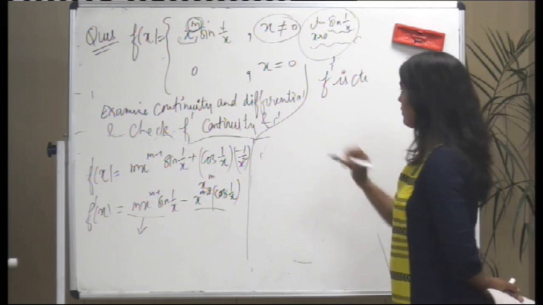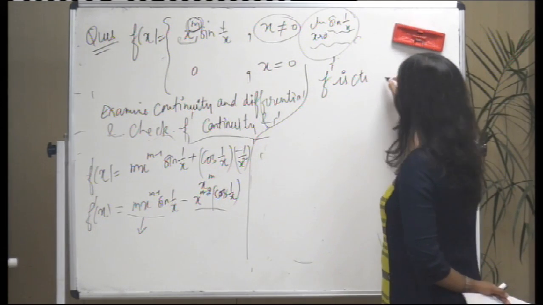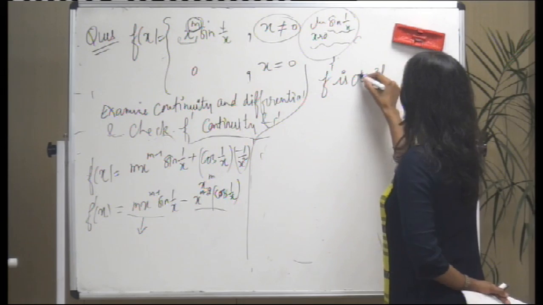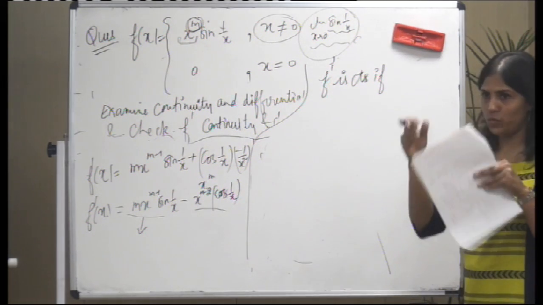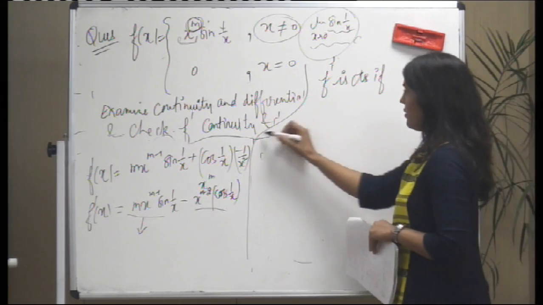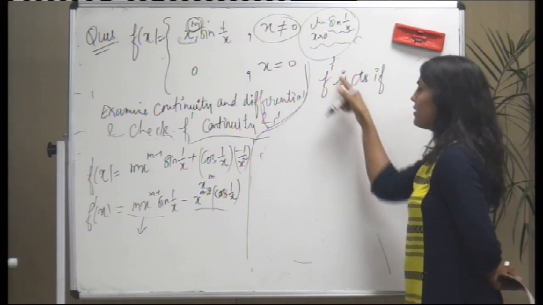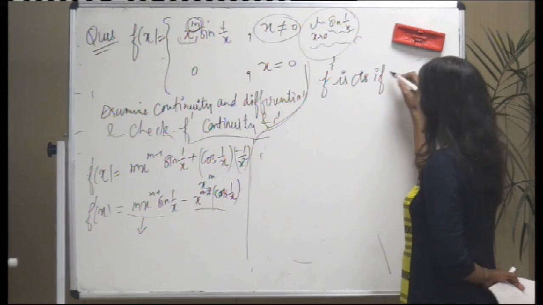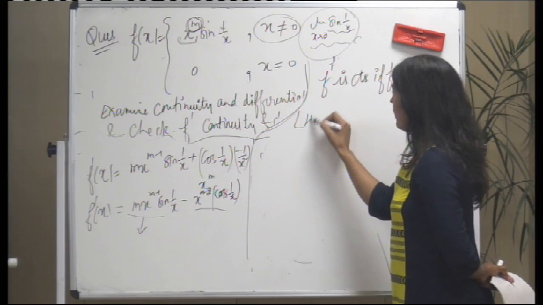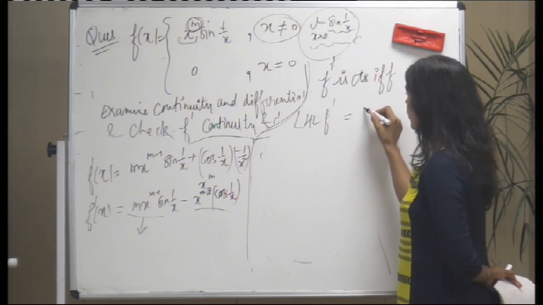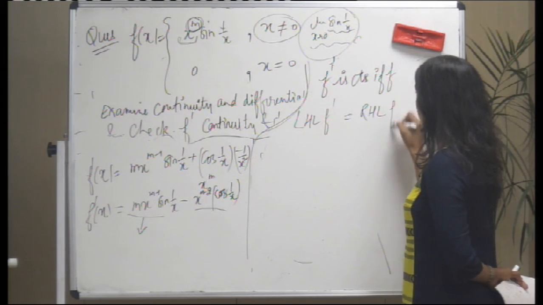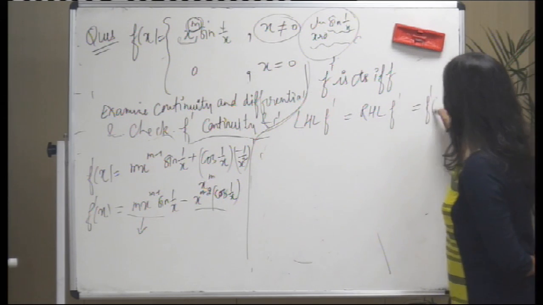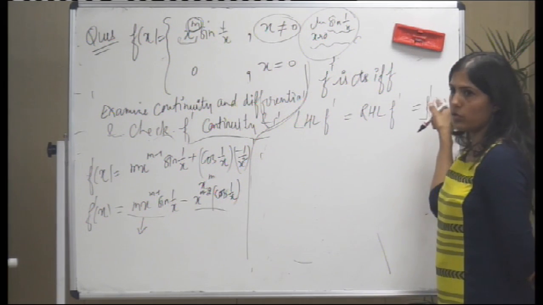So I just justify. f dash is continuous, you will get to know why your answer is like that, because you are too fast to answer. f dash is continuous if and only if the left hand limit of f dash is equal to the right hand limit and it should be equal to 0. Okay.